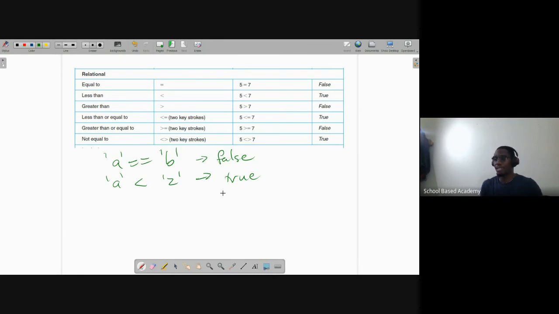A comes before Z, so it is true. We have greater than. We can have B is greater than A. That is also true. I'm just giving you the letter equivalence of what is shown previously.